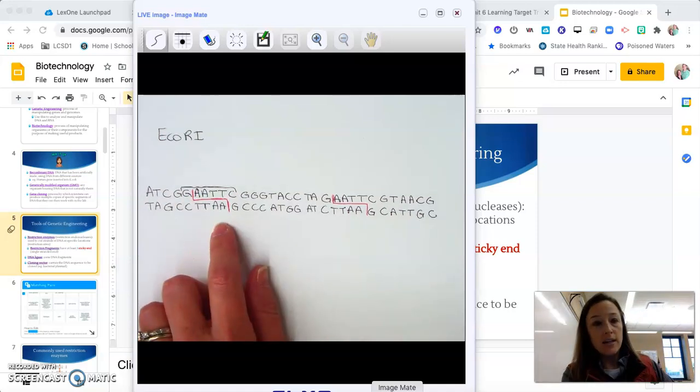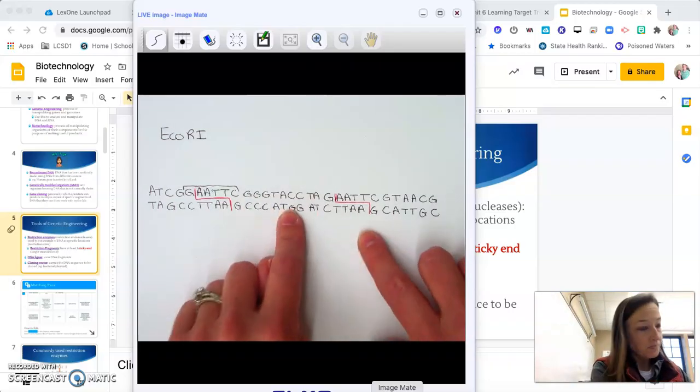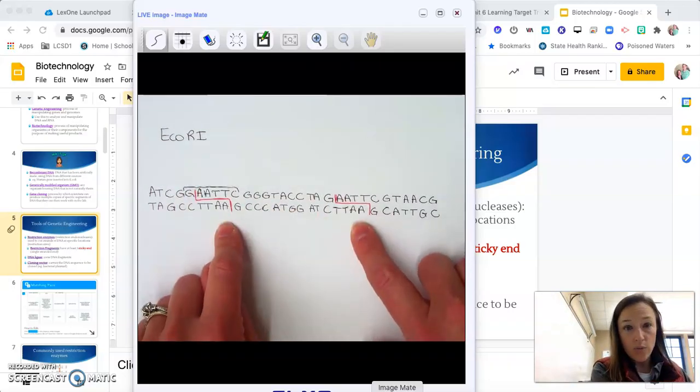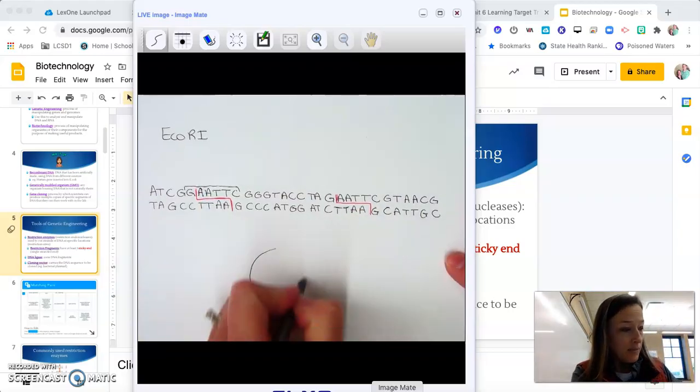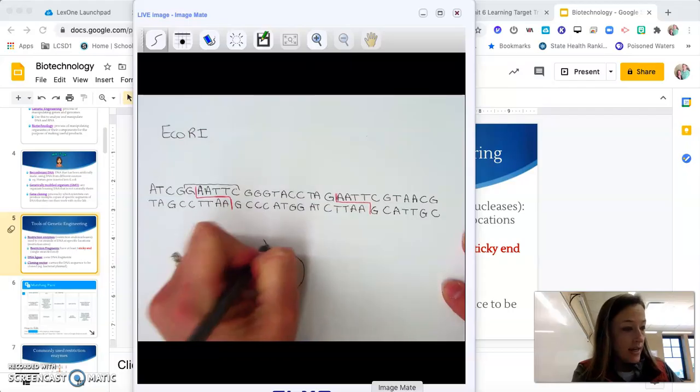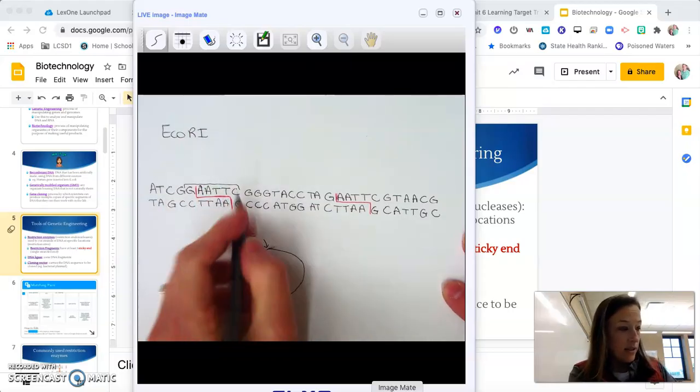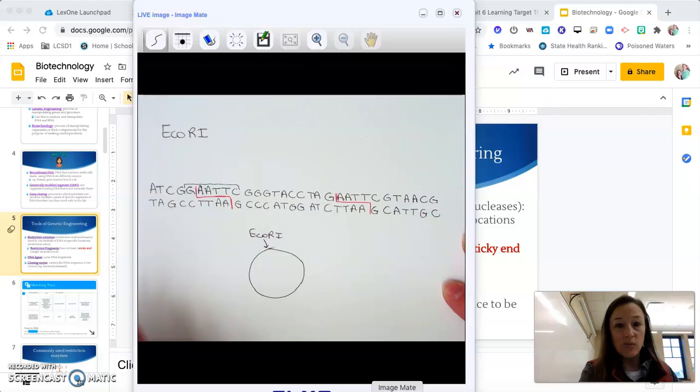So let's say this is the insulin gene. Okay, I cut it out using EcoR1 and I have these sticky ends. And then I go and find a plasmid from bacteria and I cut it. I find the same sequence in it and I cut it with EcoR1 as well.